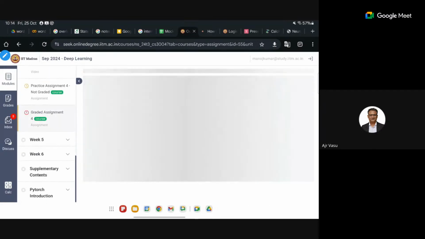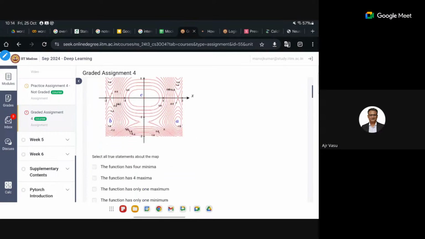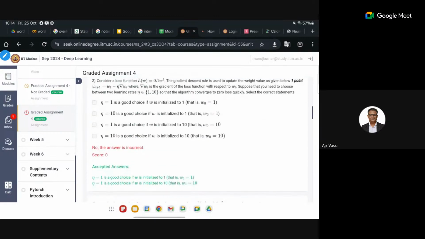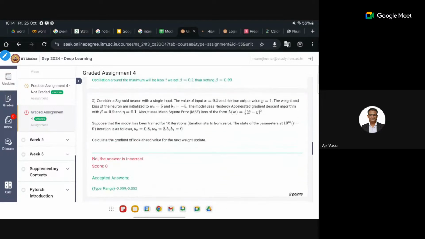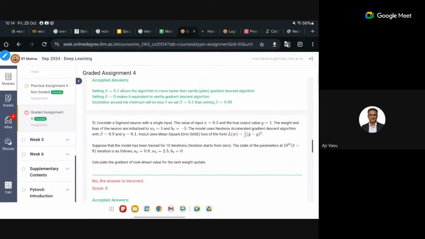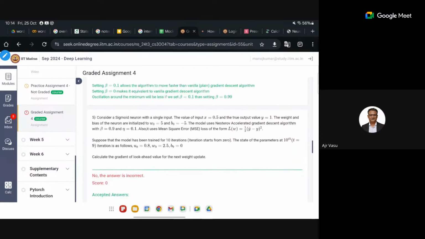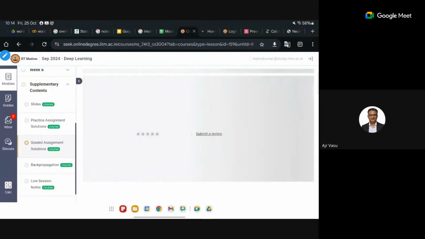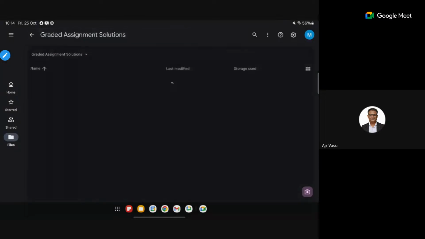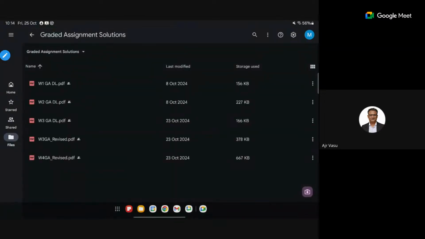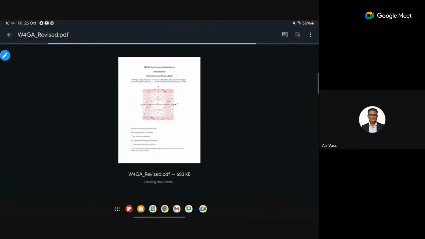You can actually see the supplementary content. I was not getting the answer right. Question 5. Okay, I need to compute. If you just go to the supplementary content. Oh, it's there. Yeah, graded assignment solutions, week 4.